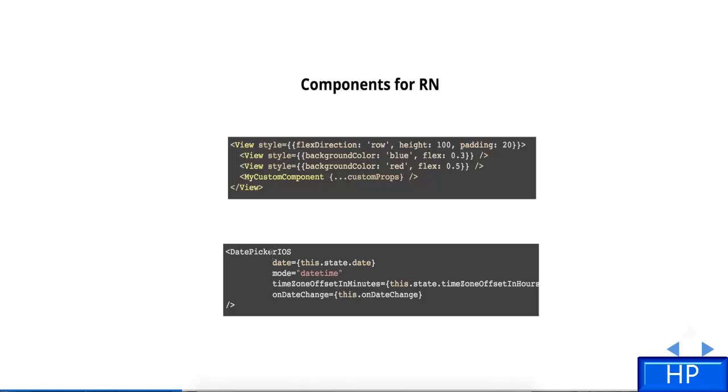Similarly, DatePickerIOS, as the name suggests, maps directly to the date picker that comes up while you're using any application on your iPhone. React Native provides a bunch of these or similar components which are very specific to mobile platforms.